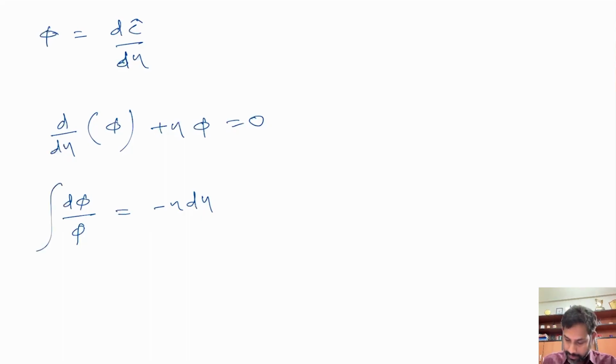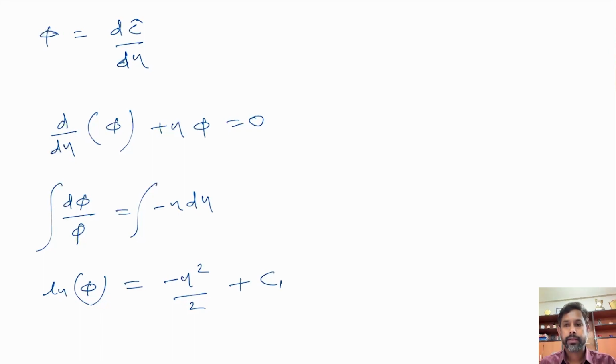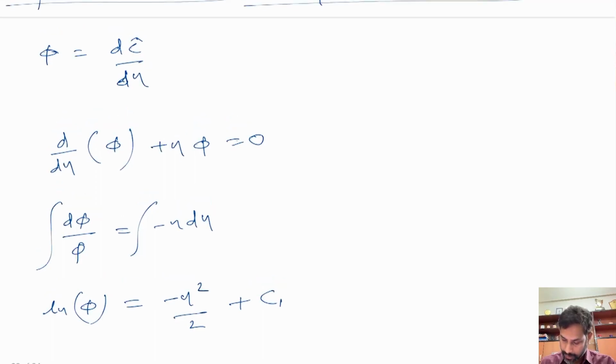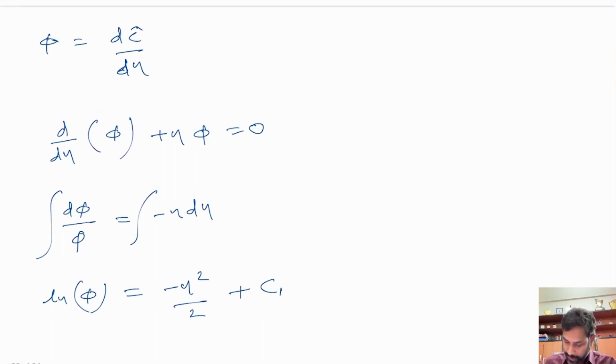Now let's integrate it. That will give us log of phi equal to minus eta square by 2 plus some constant C1. This is very straightforward so far. We can define C1 as log of C2.